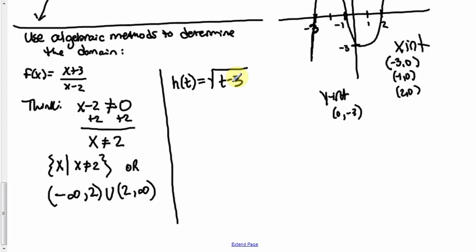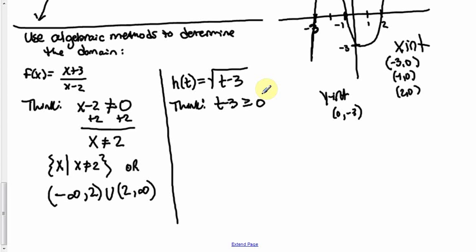Is that correct? So I need to think, what's underneath the radical has to be greater than or equal to 0. Is that a true statement? What is underneath the radical, whatever it is, in this case it's t minus 3, has to be greater than or equal to 0.